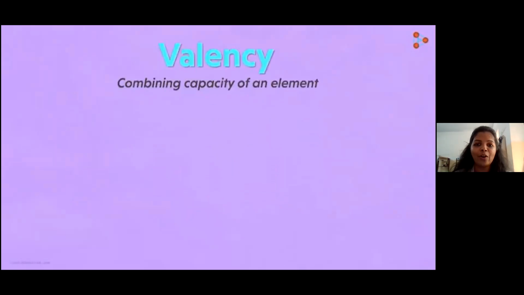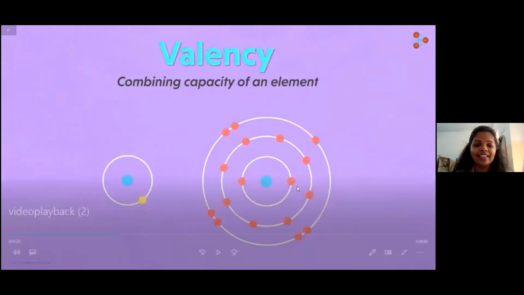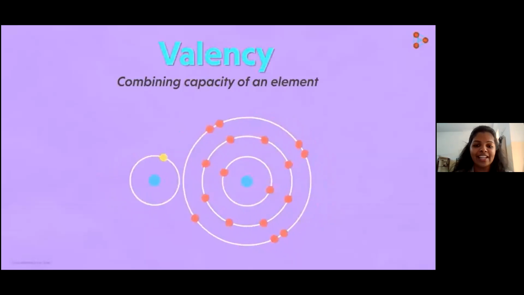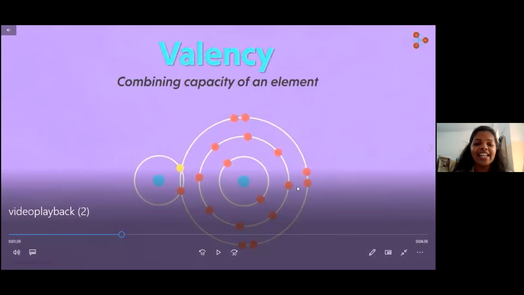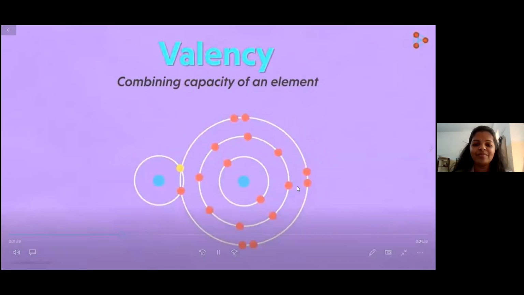Now we are going to discuss more about it. In the first figure, there is only one shell with 1 electron, and in the second there are 3 shells with 7 electrons in the outermost shell. Like this, it forms a bond using the electron in the outermost shell with the other element.